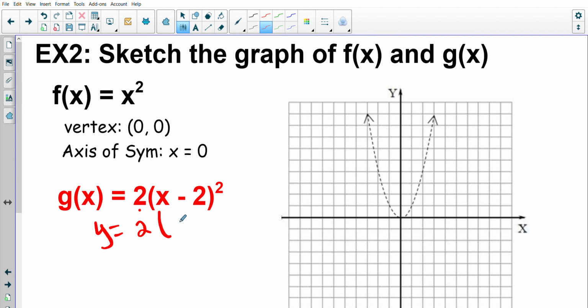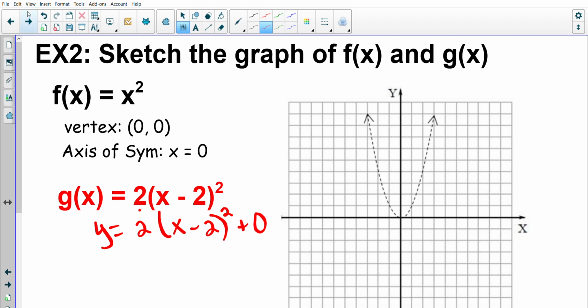My h value is also 2, and my k value is 0. So this is going to stretch it out, make it more narrow. This one's going to shift it to the right. I know it says minus, but you've got to get your brain to think to the right. And then the plus 0 tells me we're not going to move it up or down.